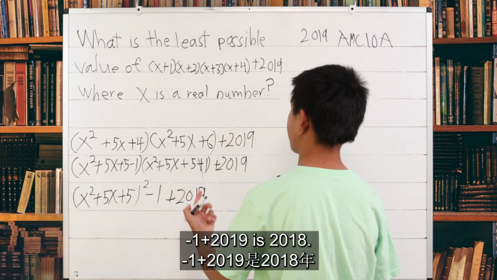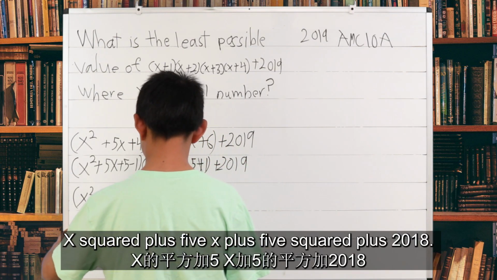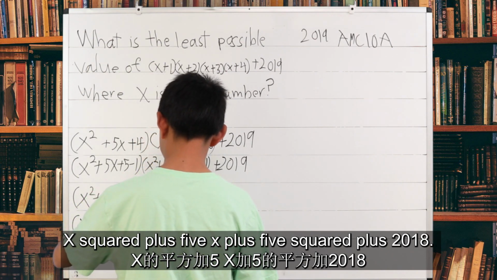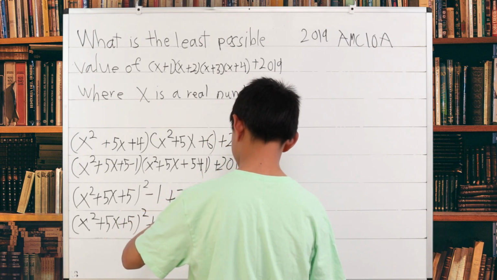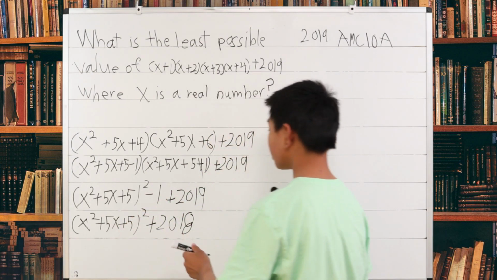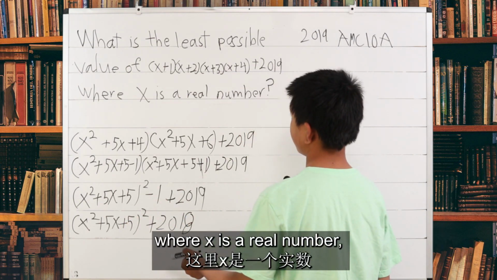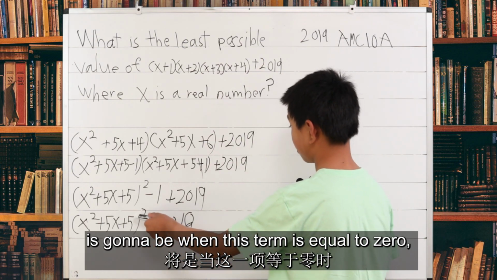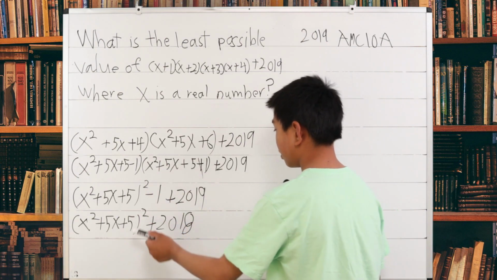Negative 1 plus 2019 is 2018, so let's write that: (x squared plus 5x plus 5) squared plus 2018. Now the lowest possible value here, where x is a real number, is when this squared term is equal to 0, because it can't be negative since it's a square.